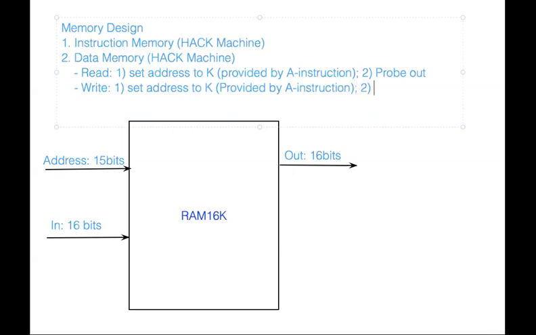Then second, you set your input to X. This is the value, which you may store in the D register, or which may be provided by the C instruction.